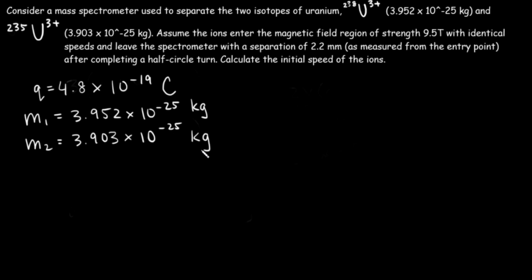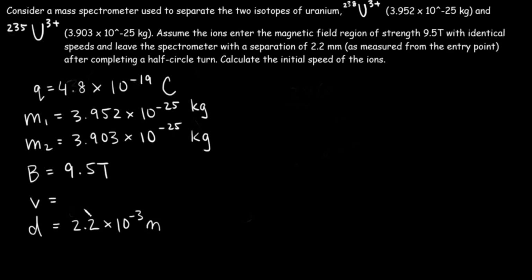Assume the ions enter the magnetic field region of strength 9.5 T. So it's giving you the strength of the magnetic field, which is measured in Teslas. With identical speeds. So you know the speeds are identical. And then it's giving you the distance. 2.2 millimeters, we have to convert that to meters. So divide that by 1,000. That's 2.2 times 10 to the negative 3 meters.